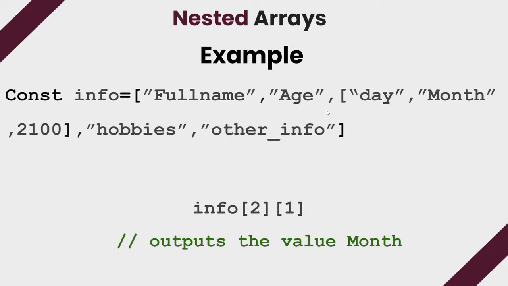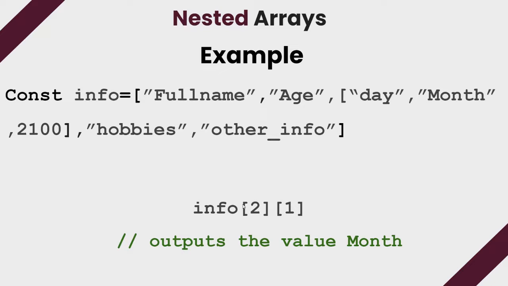Now to get the particular values within this array that is within the outermost array, the sequence of referencing also increases. And you can see here we have this to be info referenced with the value of 2, which references this entire array from here to here.